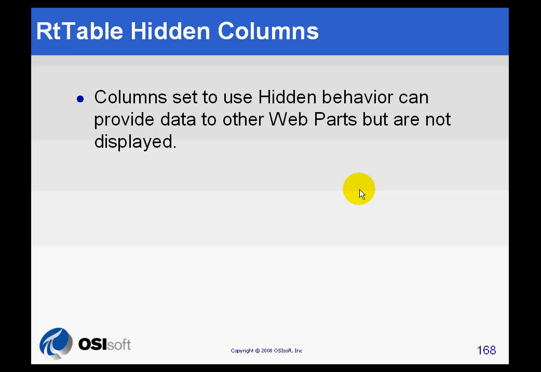And one of the interesting things about hidden columns like that, even though they're not there for people to actually see, you can make use of the values of those columns. For example, if you're passing arguments, or if you've linked arguments or linked values from one web part to another, then values that are in hidden columns can actually be passed from one web part to another.